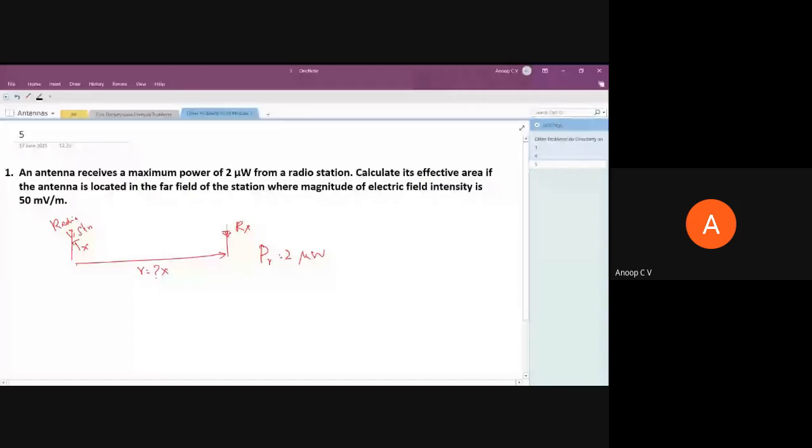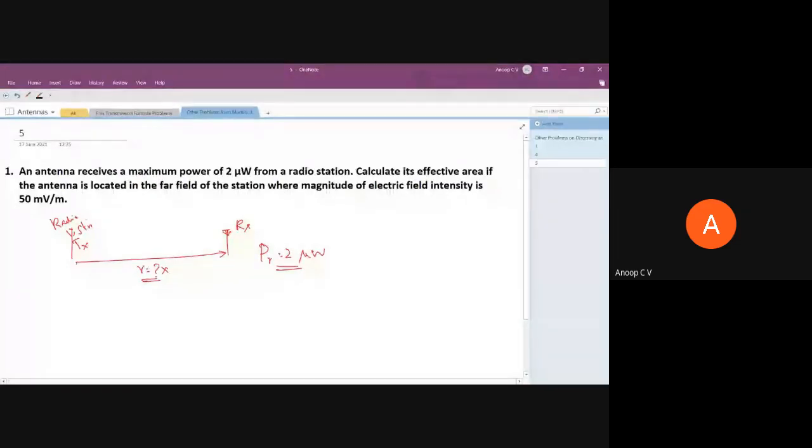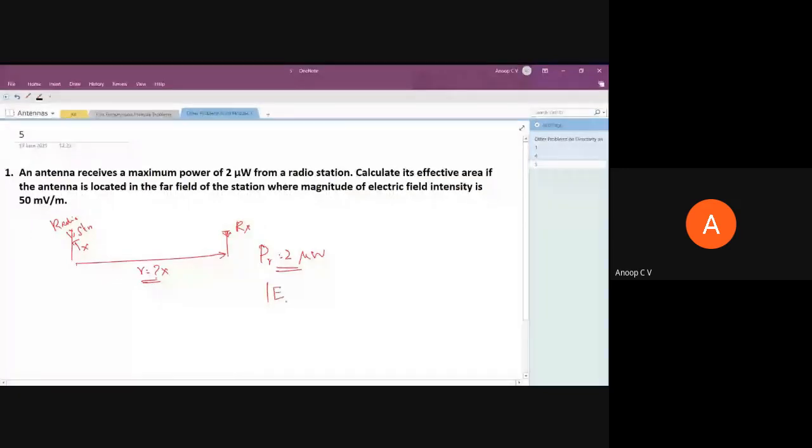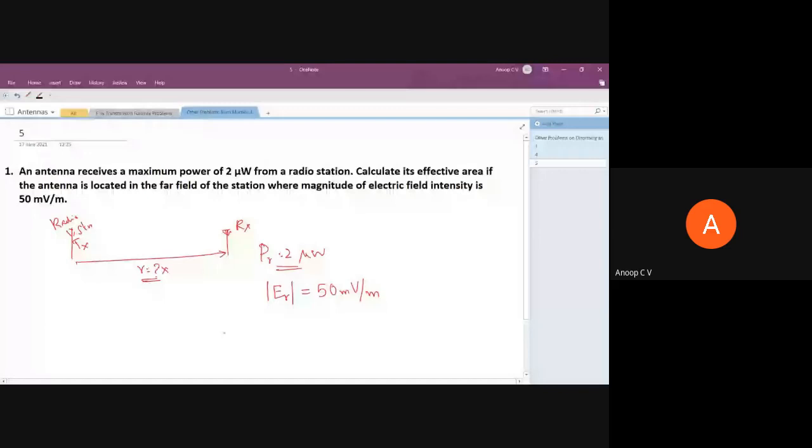So the power received is 2 microwatts, and the distance is not given. But what is given is that this radio station is transmitting, and the magnitude of the electric field intensity at this point, |E|, at a distance R, is given to be equal to 50 millivolt per meter.